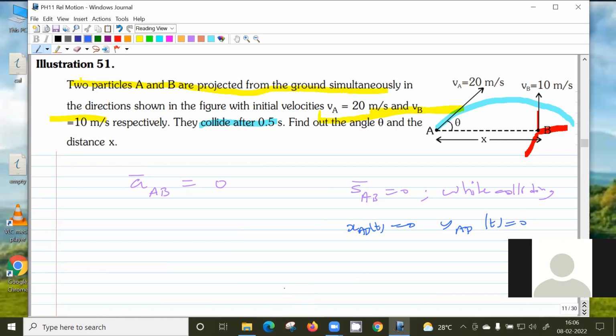XAB is UAB into T. Let it collide at time T1. So UAB is how much? It's 20 cos theta minus 0, into time.